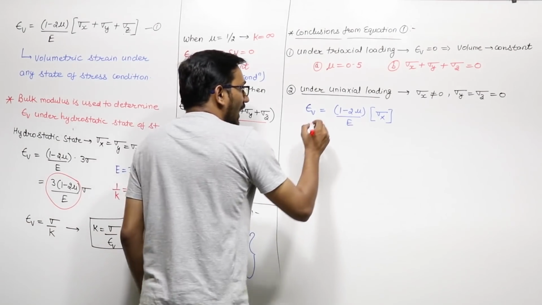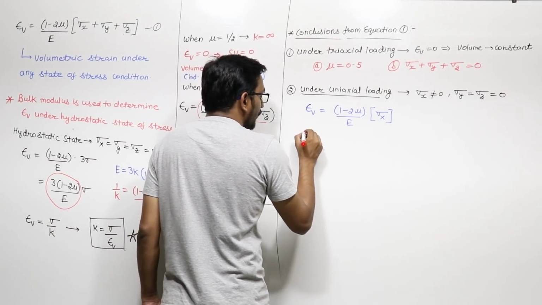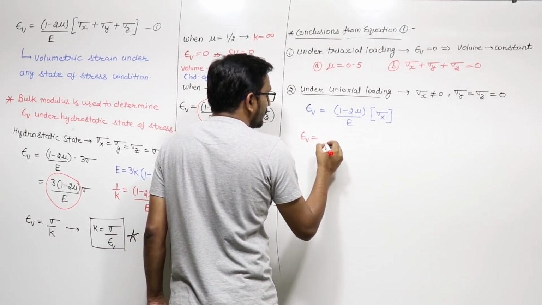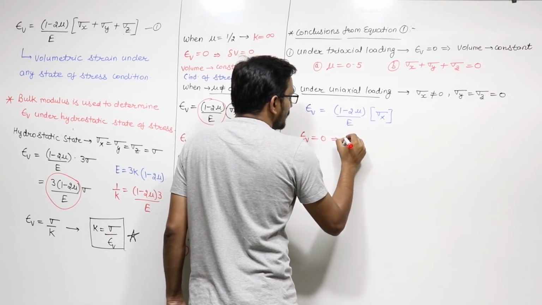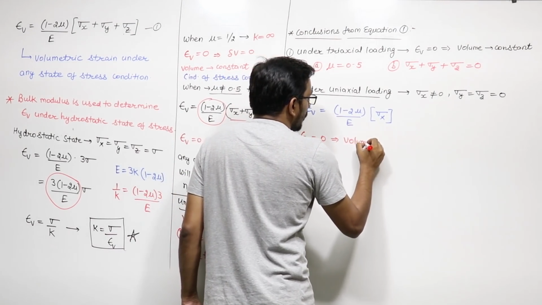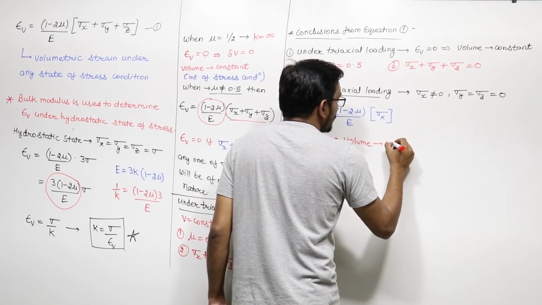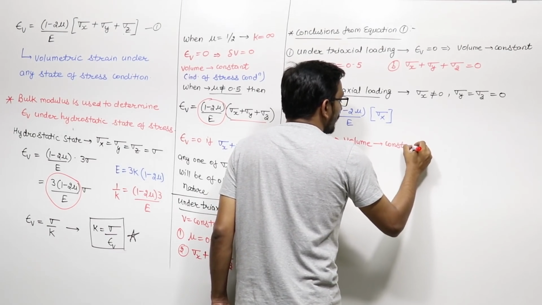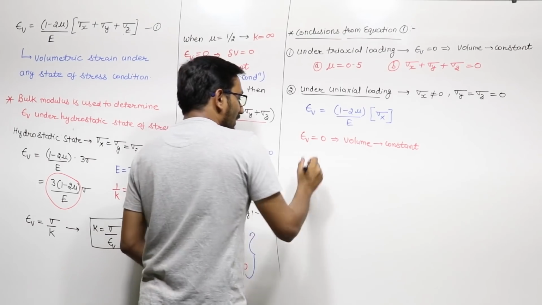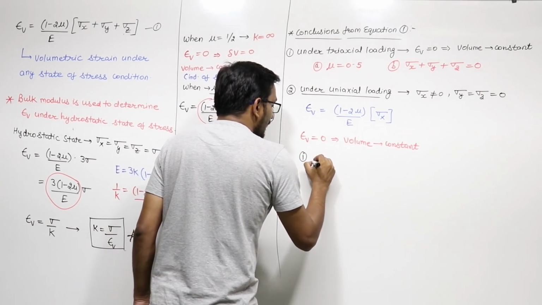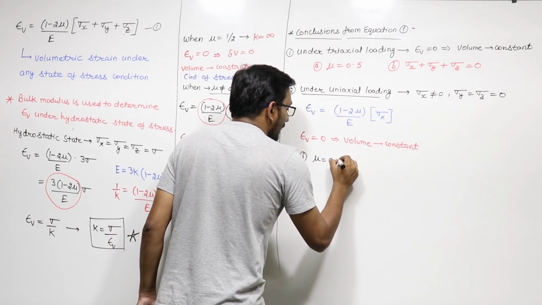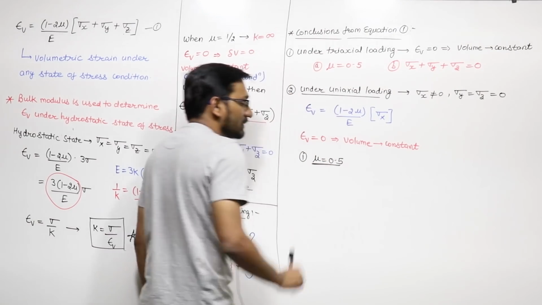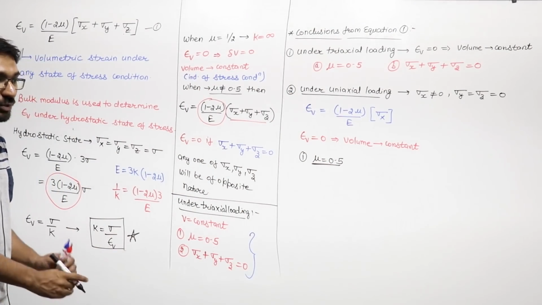So if under uniaxial loading you want the volumetric strain to be 0, which means the volume of the body remains constant, what is the option available? You have to take the material whose mu value is 0.5.